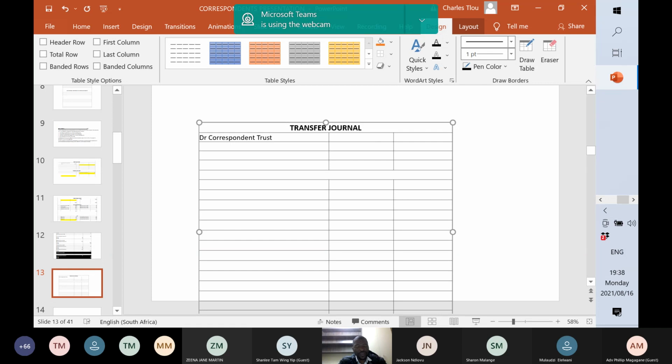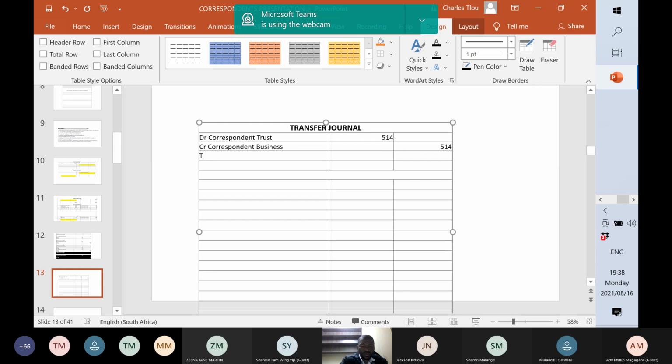And how much does that correspondent owe us? 514. And then you credit correspondent business, the same amount, 514.